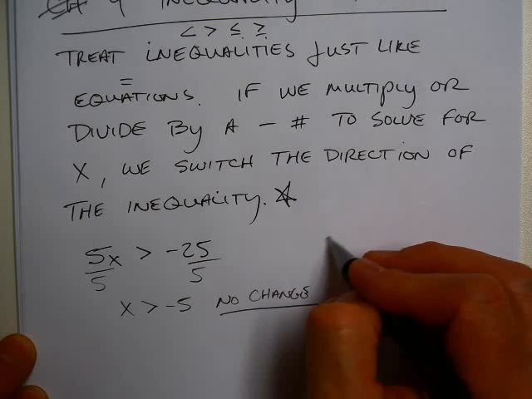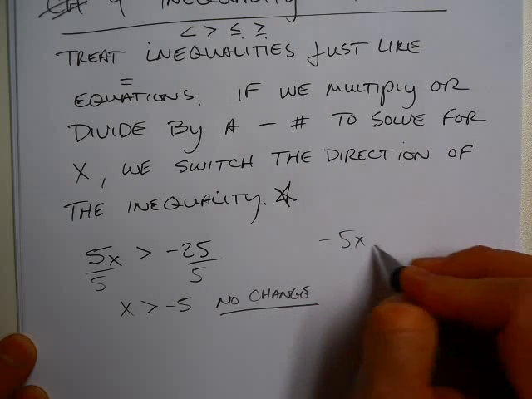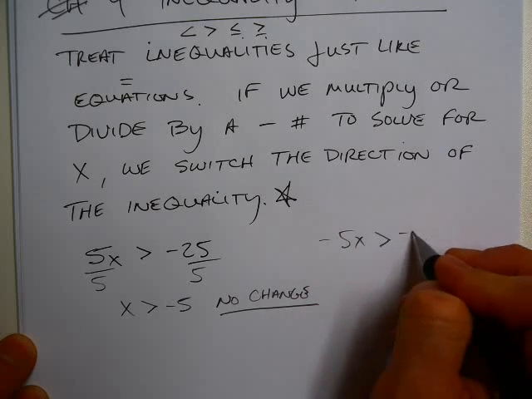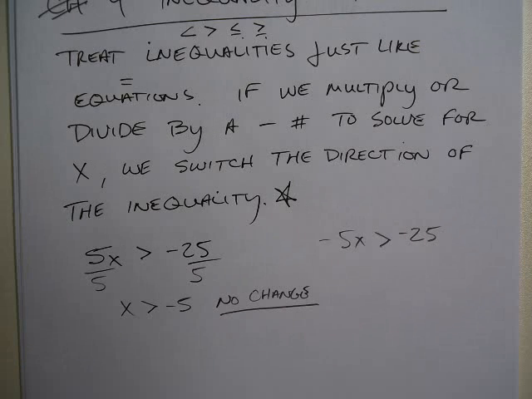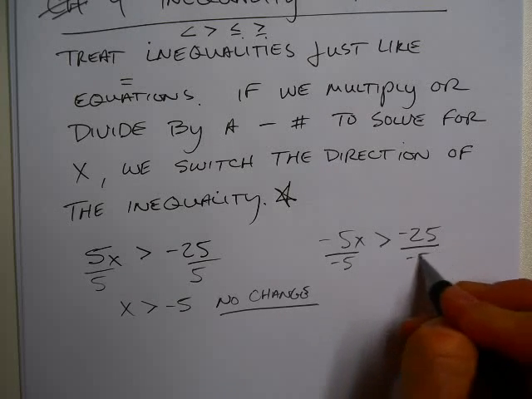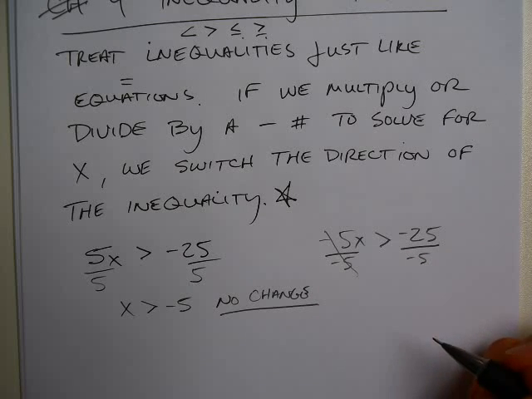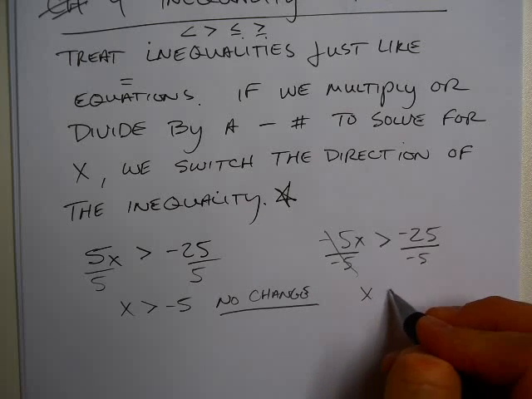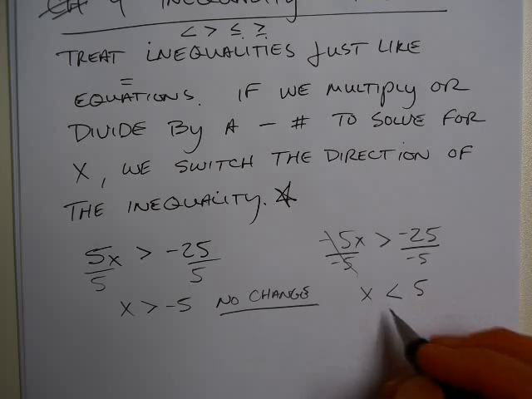But if I had a problem where it was negative 5x is greater than negative 25, here I would have to divide by negative 5 to solve. So there is a change, x is less than 5.